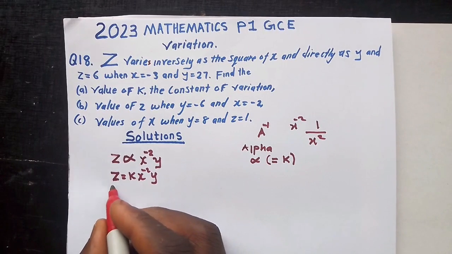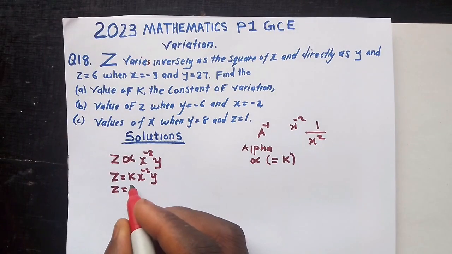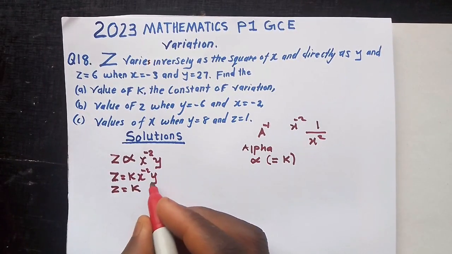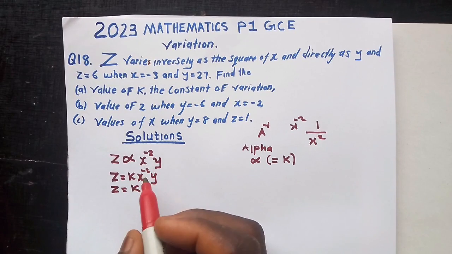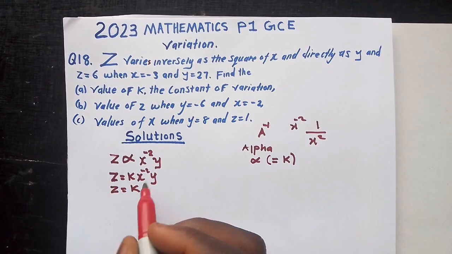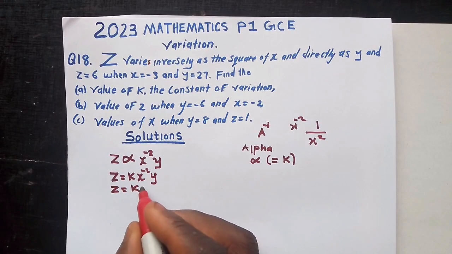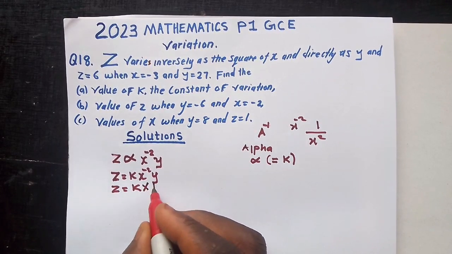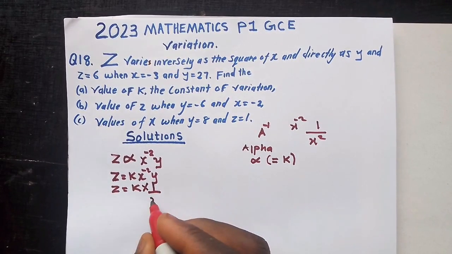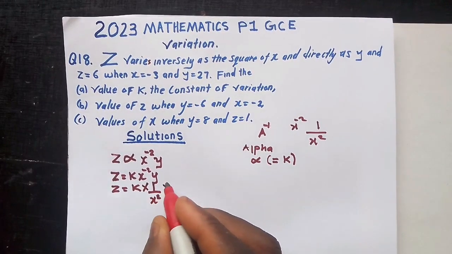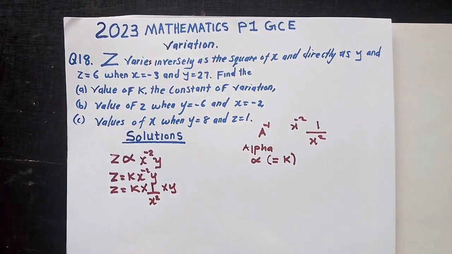I'm going to say z is equal to k. Remember, this y here, it is directly to z. So I'm going to say multiplied by 1 over x to the power 2 multiplied by y.